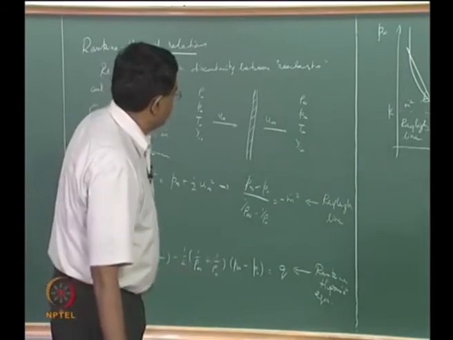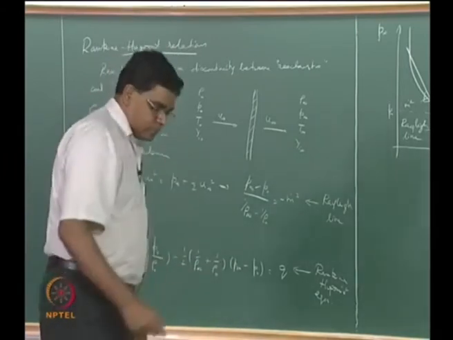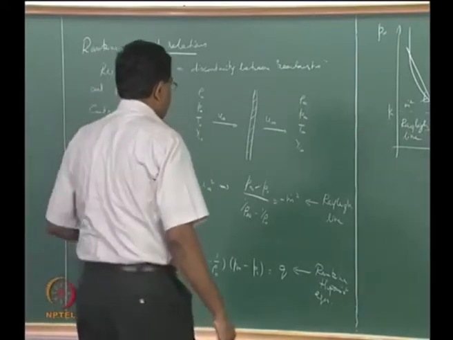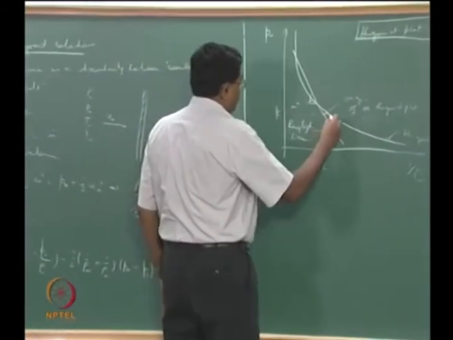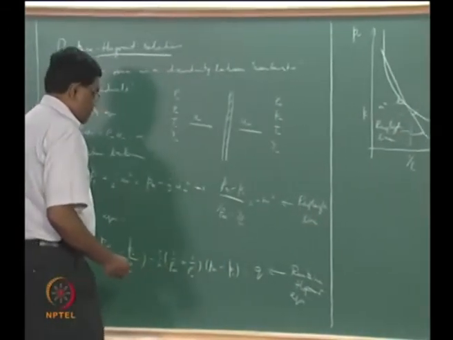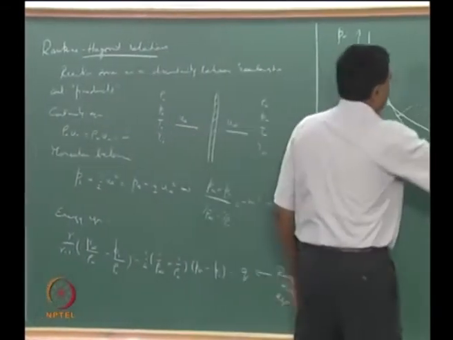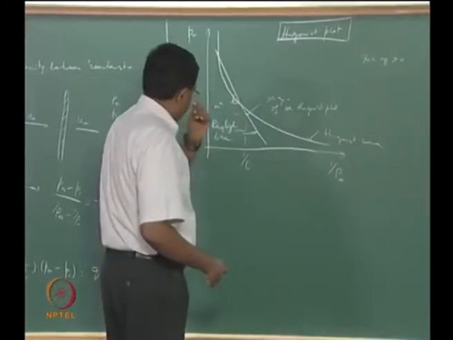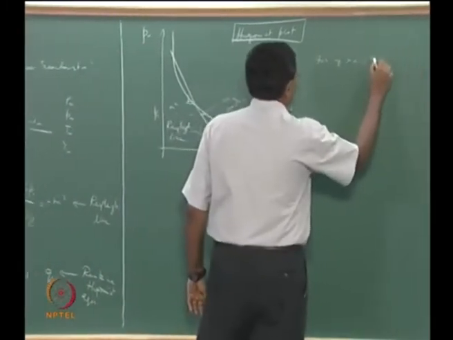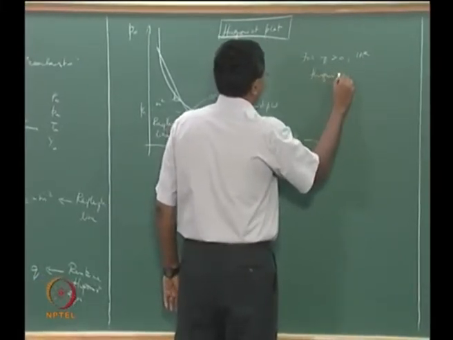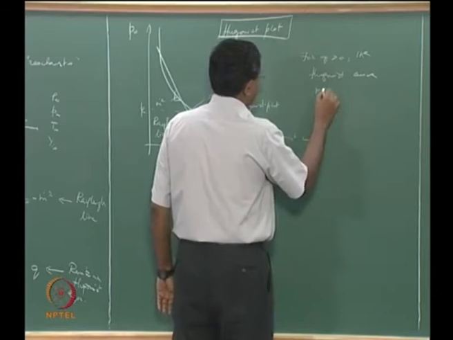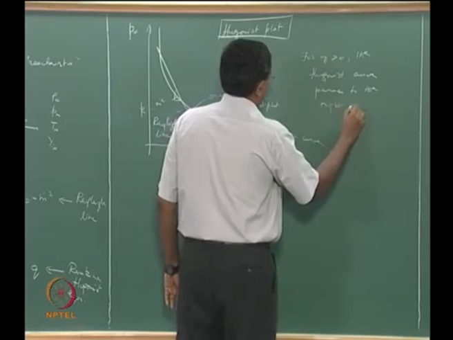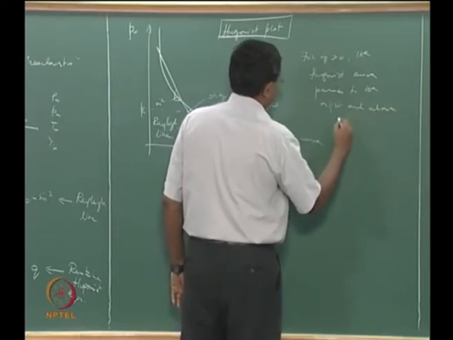The first thing that we notice is, if your Q is greater than 0, the Hugoniot curve passes to the right and above the origin.